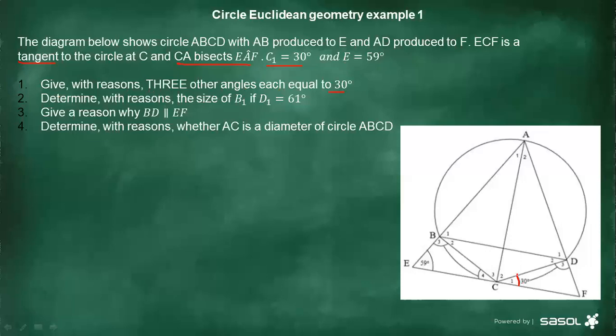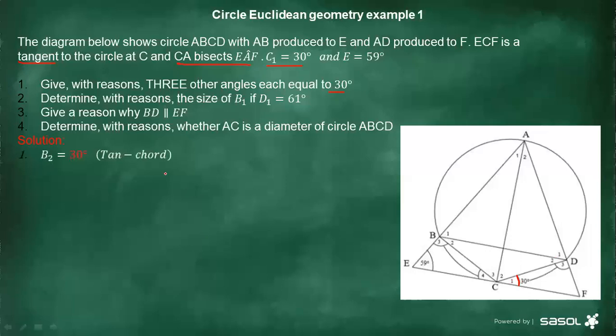Because this angle C1 is formed between a tangent and a chord, it's going to be easy for us, because we will know that the theorem speaks about a tangent and a chord. Now, let's see under the solution how we are going to get those angles.